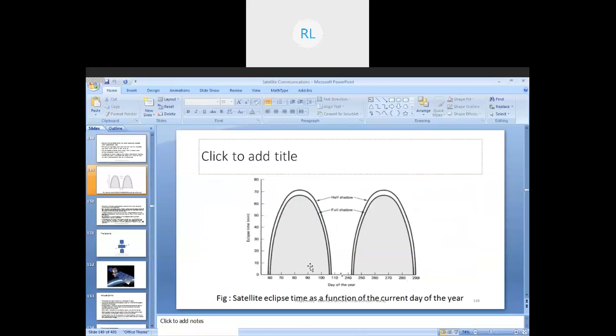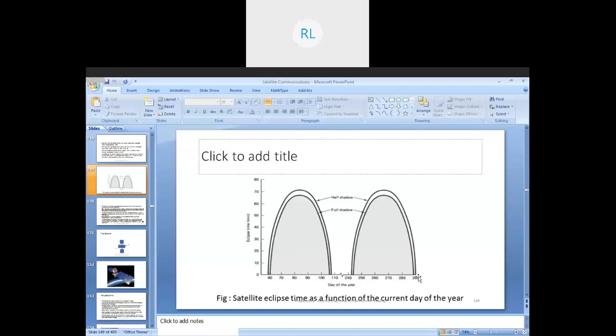So this will be our last slide for the class, and you can see here how the eclipse happens. Towards the left hand side you can see the eclipse time, and at the bottom you can see the day of the year. As the days of the year pass, you can see that you have a full shadow and a half shadow.